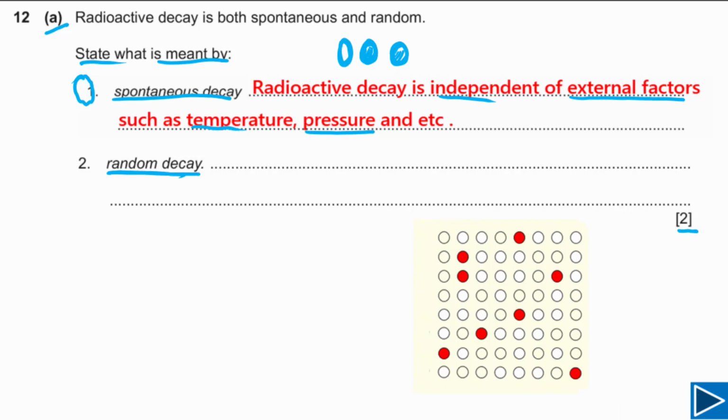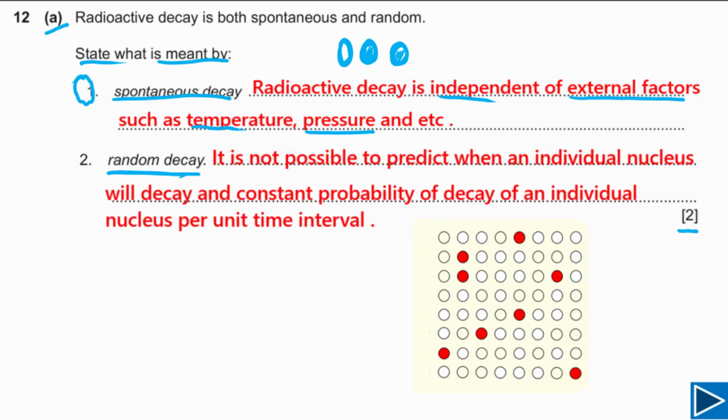Now let me explain to you how you can write down the answer. This is a proper answer. If you mention these points, you will get full marks. It is not possible to predict when an individual nucleus will decay. If you focus on this nucleus, you cannot say when this one will decay.